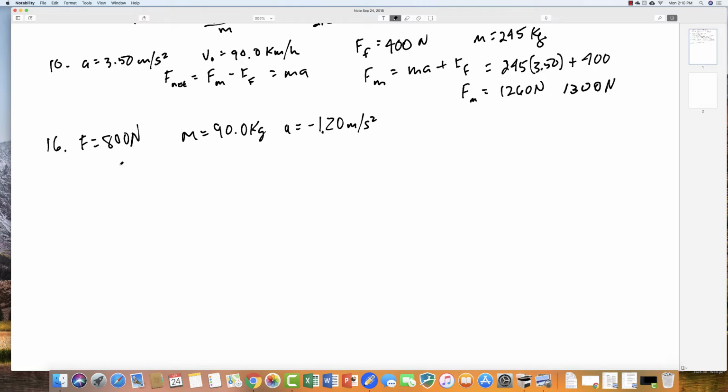Okay, so the F net is going to equal the total force that the player is exerting minus the force of friction, and that is going to equal MA.